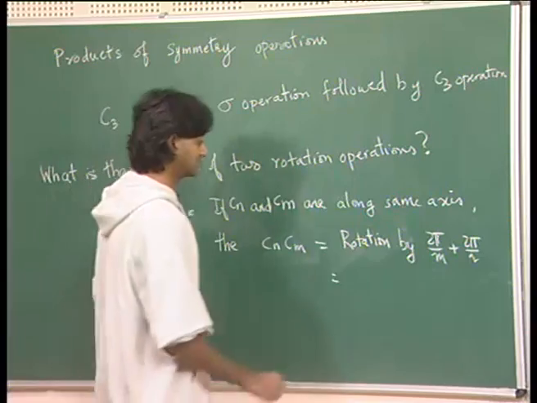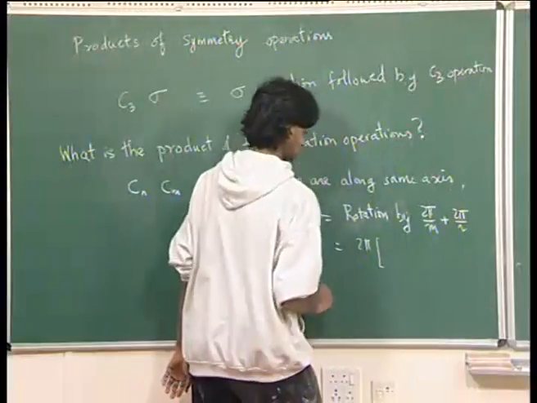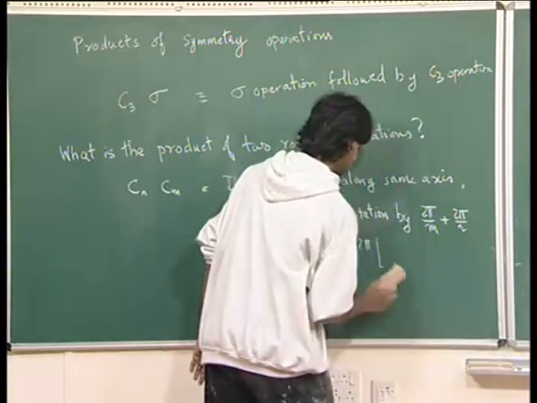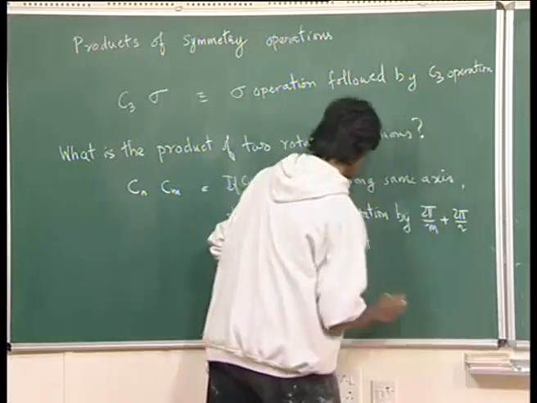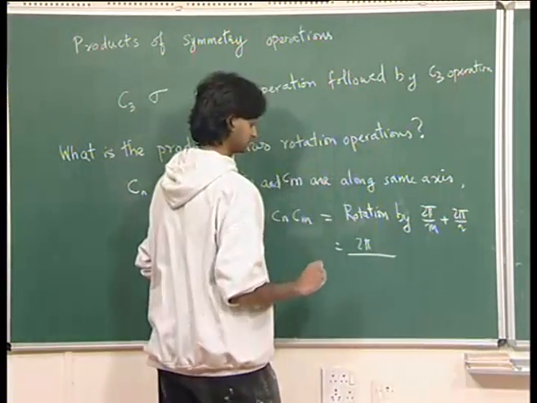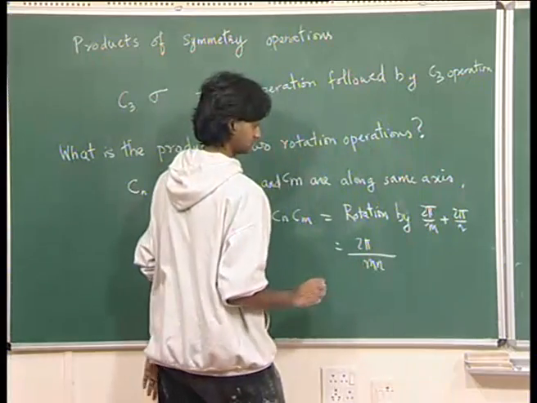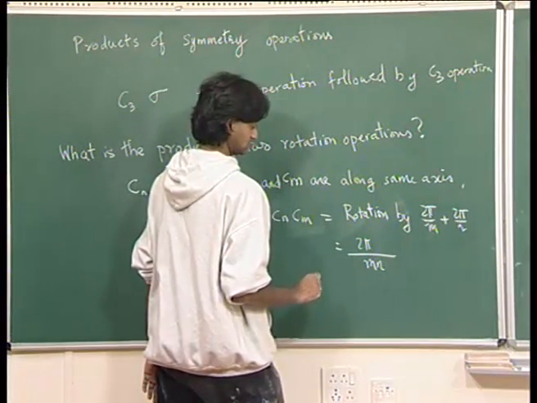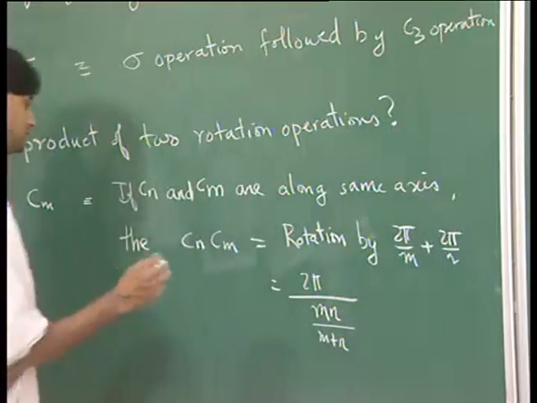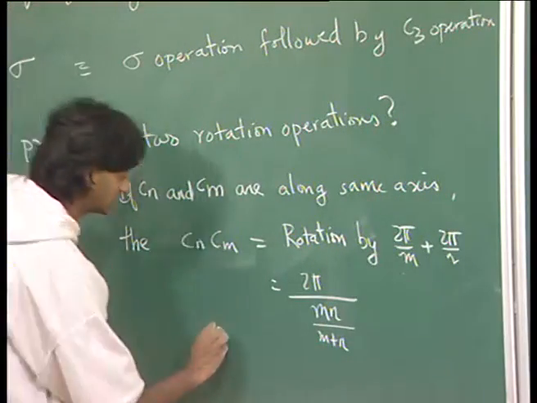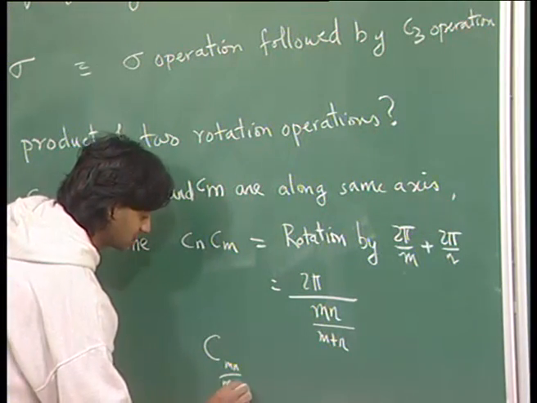And if you want, you can write this as 2 pi times (m plus n) divided by m n. So this is a rotation by 2 pi (m plus n) by m n.